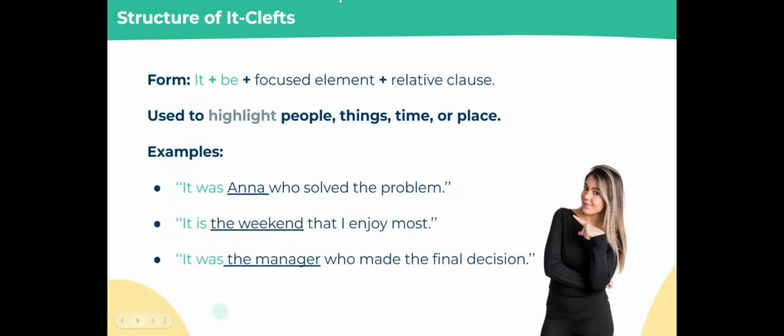So we've got some it-clefts in action. Structure of it-clefts. Well, there is a form to structure a cleft with it. We use the word it plus the verb to be plus focused element and then the relative clause.